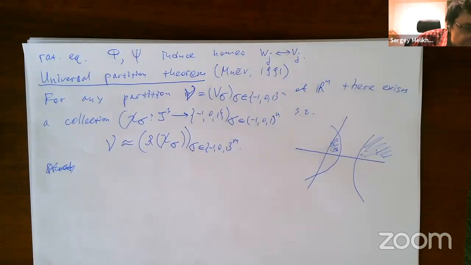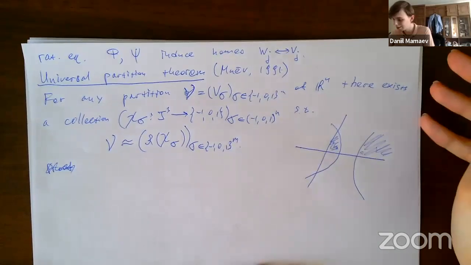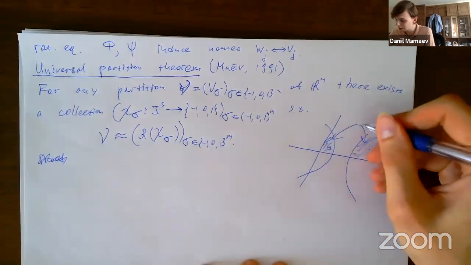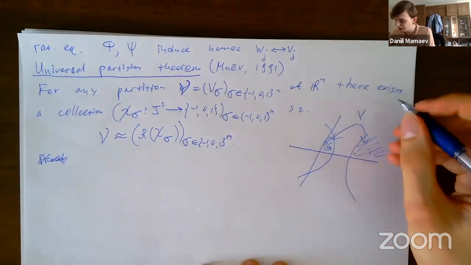So the two shaded regions together are V1, and V2 could be below the horizontal line, for example, or not? Well, these two together form V, I guess.